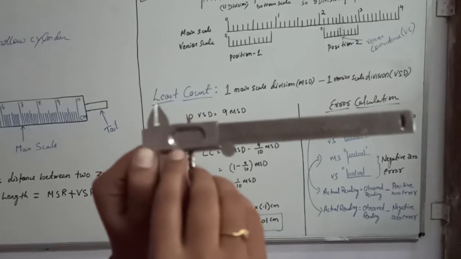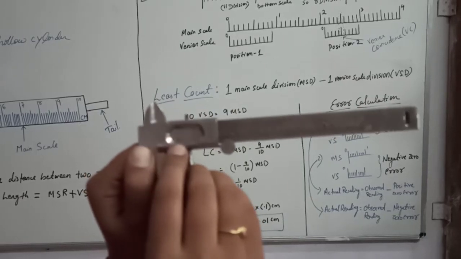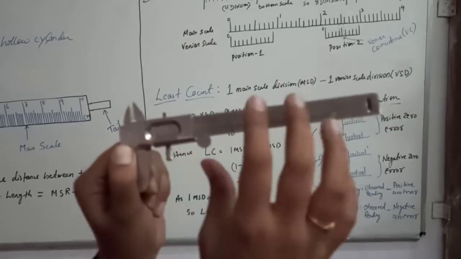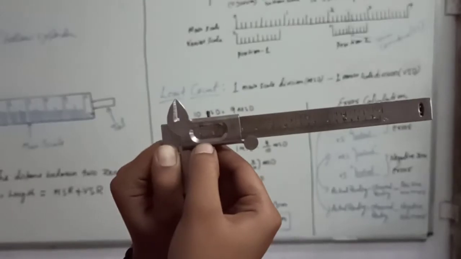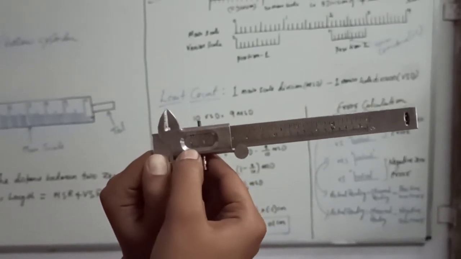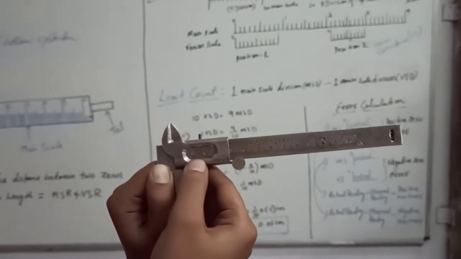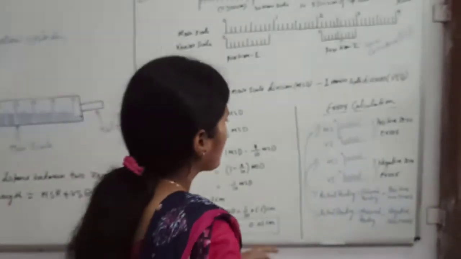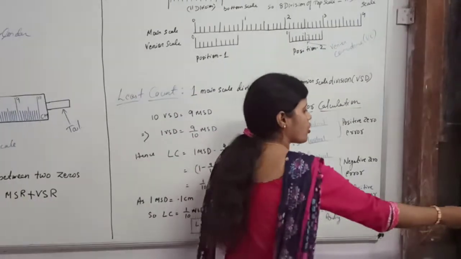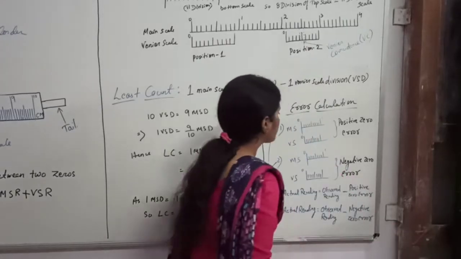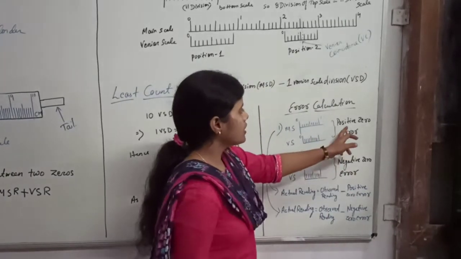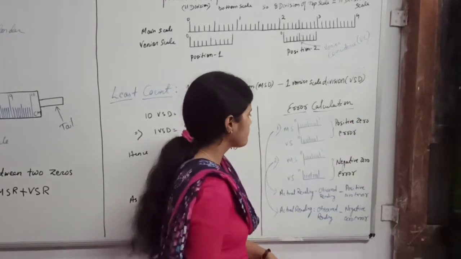You can see this instrument contains positive zero error. You can see the zero of this vernier scale is not coinciding with the zero of this main scale. So when you observe such things, you will call this positive zero error.